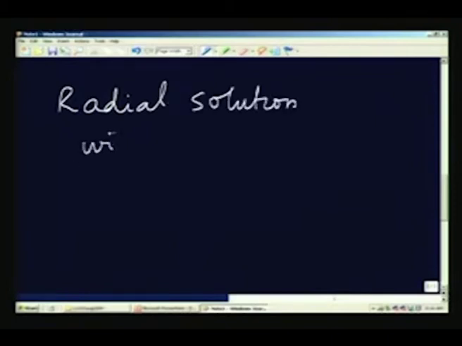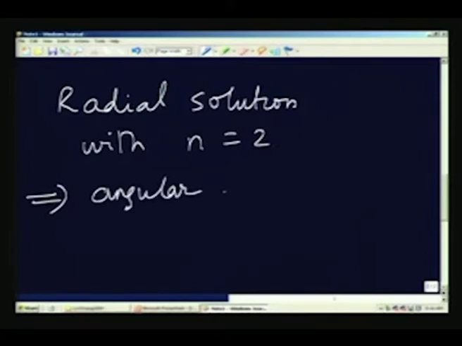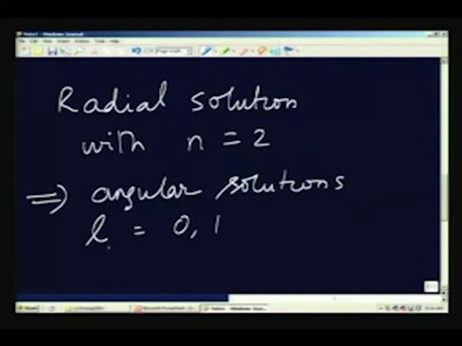Now extending this argument to the next case, namely a radial solution with n equal to 2, the corresponding angular equation gives you the following possible values for the quantum numbers l and m. l can be 0, 1, 2 up to n minus 1, which in this case is 0 and 1. Now for each value of l, the corresponding value of m is from minus l to plus l.